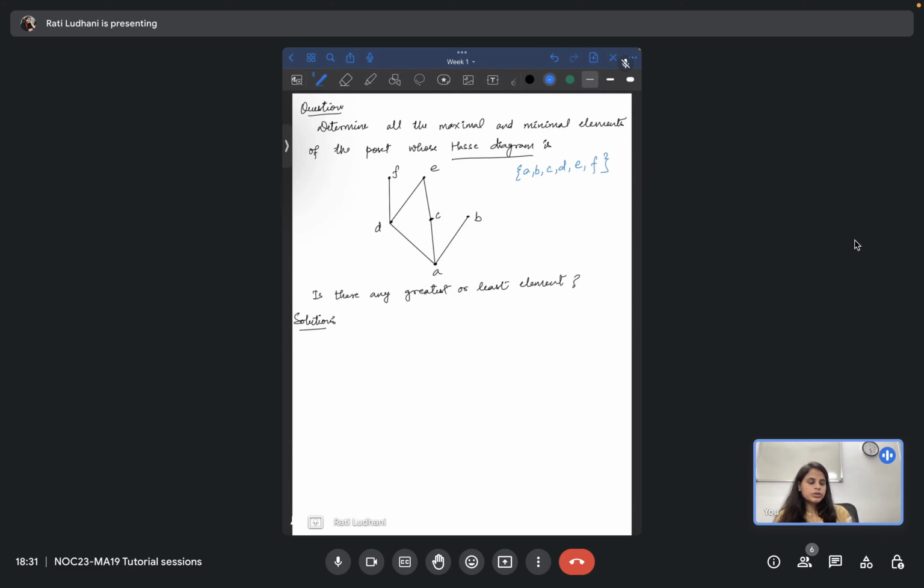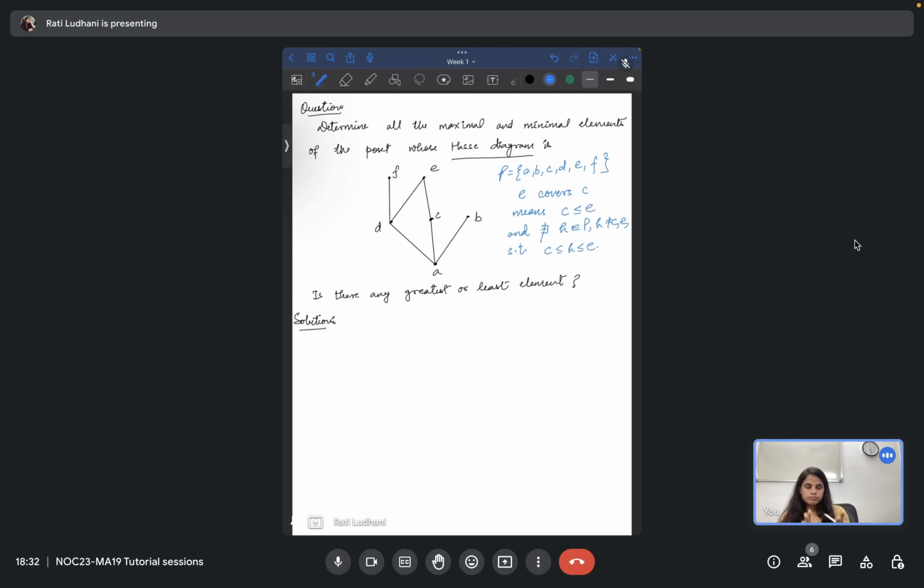So in a Hesse diagram, if you have an edge, that means, for example, E covers C. E covers C means C is less than or equal to E, and there does not exist any H belonging to your poset P such that C is less than or equal to H and H is not equal to C or E, such that C is less than H less than E. So there is nothing in between.